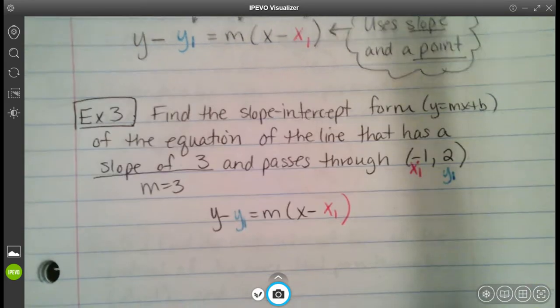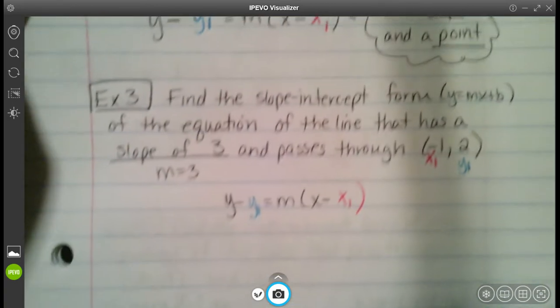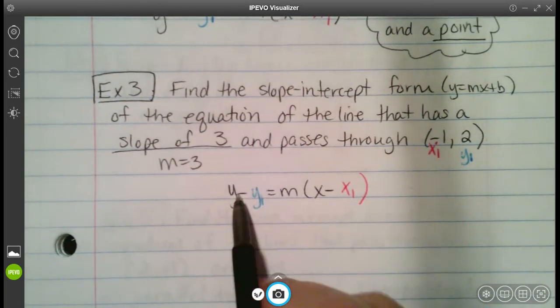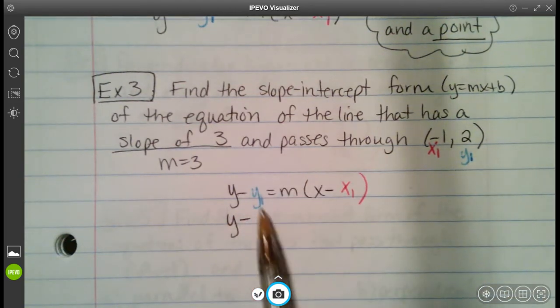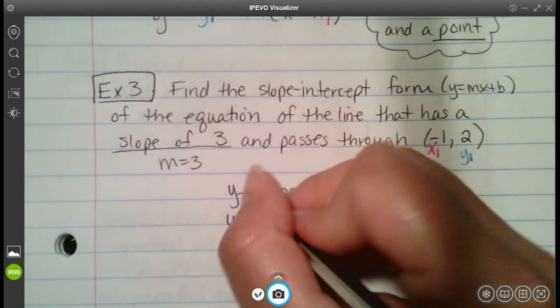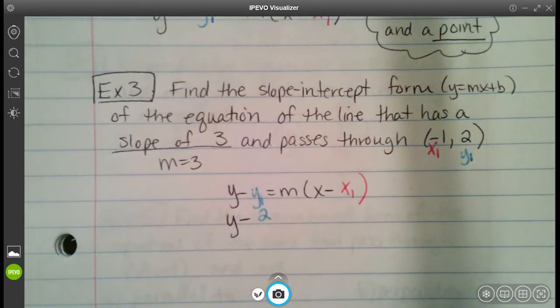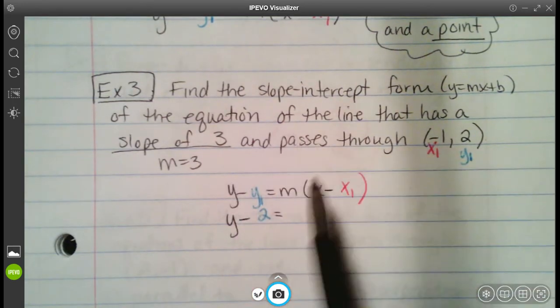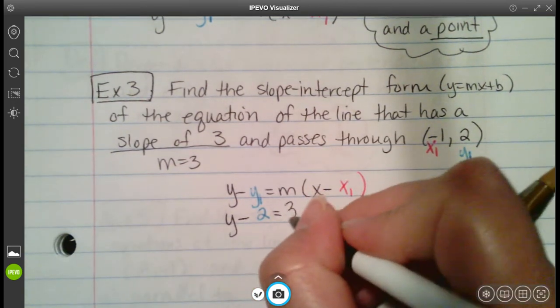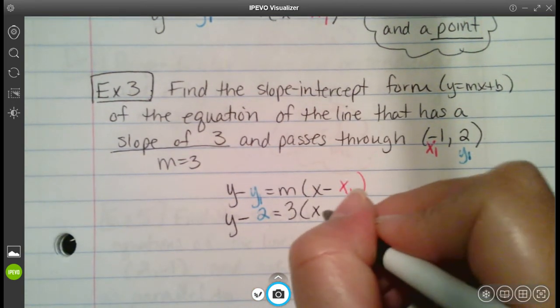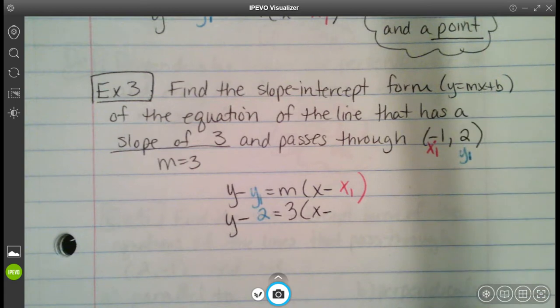All right, so it looks like the y stays the same, so y minus y sub 1 is 2, so I'm going to put 2 right here, equals m. My m is 3. x stays the same. x sub 1 is -1.